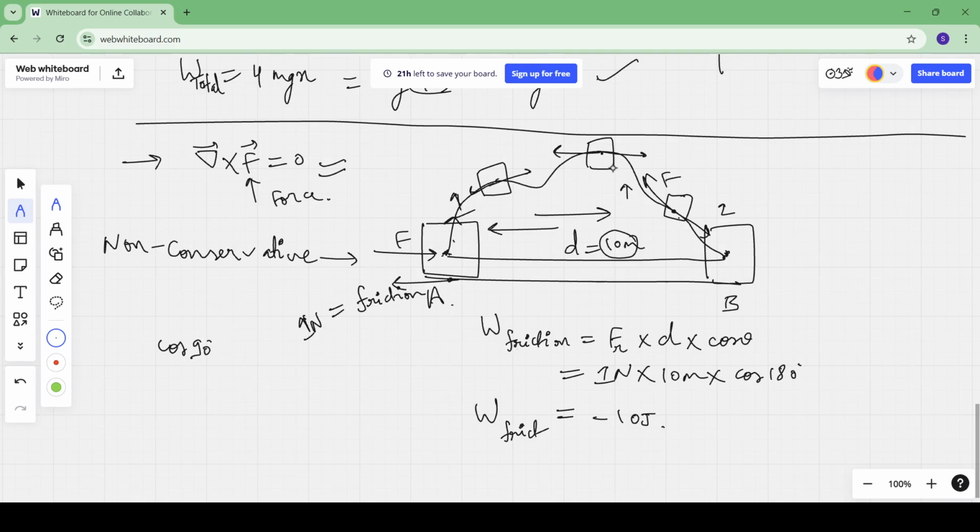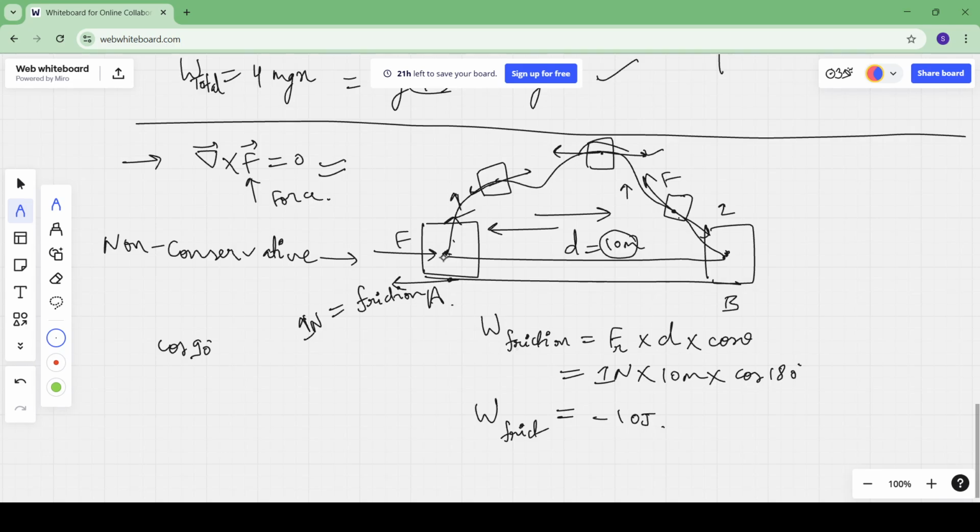But you won't be able to get cos of 90, because friction always acts opposite to the direction of motion. Friction always opposes the relative motion, so the friction and the displacement make an angle of 180 degrees with each other. Also theta is not zero, so the work done will not be equal to zero.